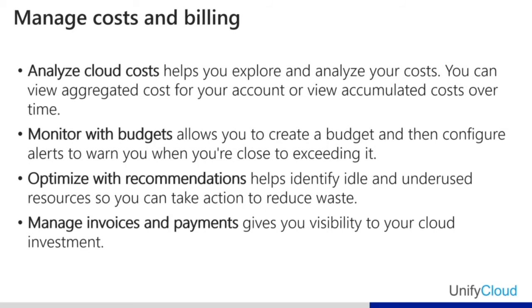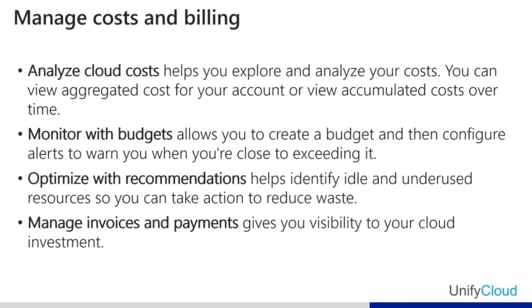It will allow you to cut and dice these things. You can also set budgets for your resource groups and subscriptions, and then monitor those budgets. You can get an alert if 80% of a budget is used. You will also get a lot of optimization recommendations on how things can be optimized, and you can manage your invoices, payments, and other visibilities.